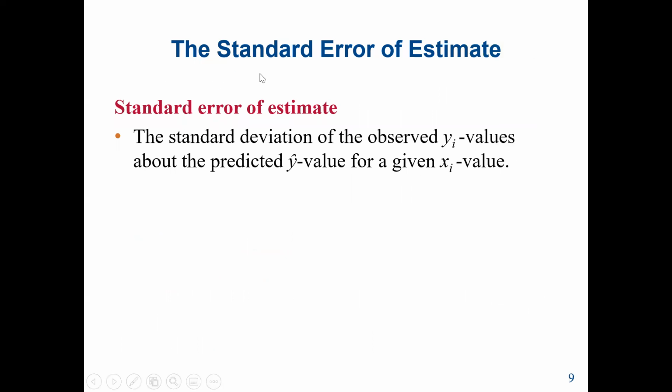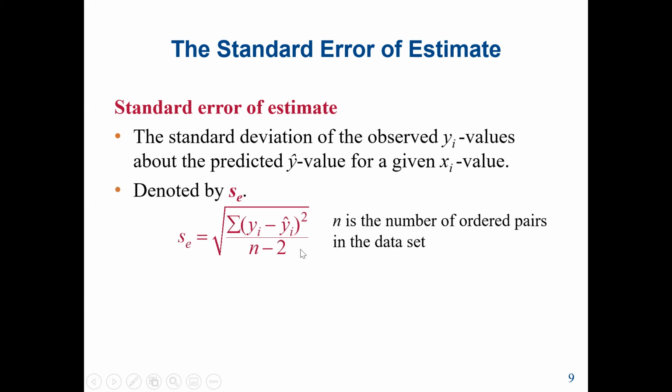Next, we move to the standard error of estimate. The standard error of estimate is the standard deviation of the observed Yi values about the predicted Y-hat value for a given X value. So what we mean is that finding the standard error is more or less like finding the standard deviation.